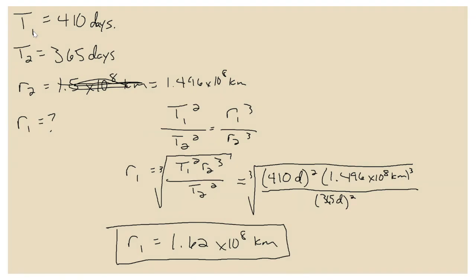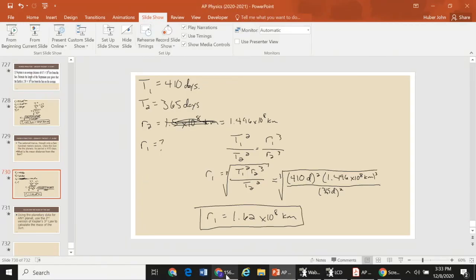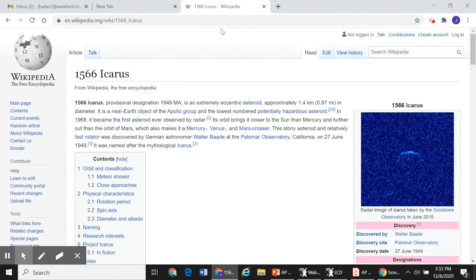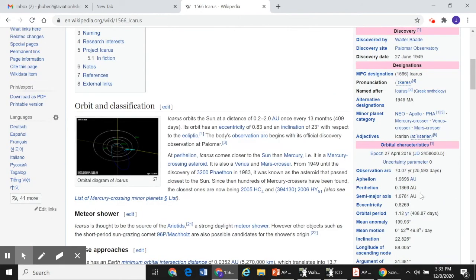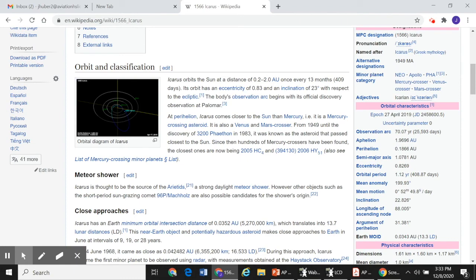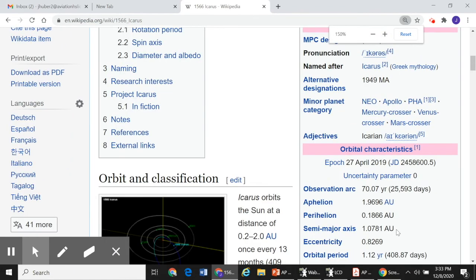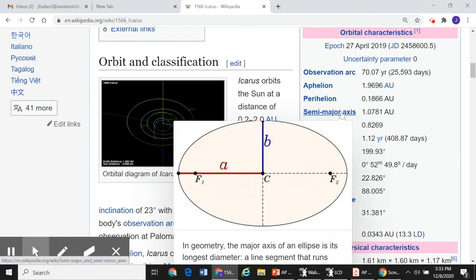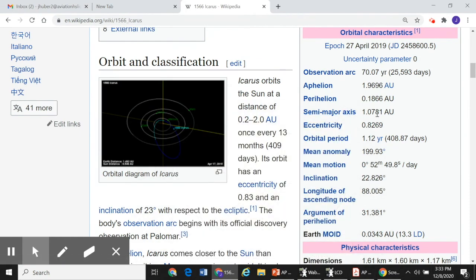And so if we were to Google that, just to make sure it's right, it's hard to find on the internet, actually. You have to find it on Wikipedia. And if you look at Wikipedia, notice, in order to be able to figure this out, you actually have to know some stuff. Because notice, it does not say mean distance to the sun. What it does say, though, is the semi-major axis. What you should know, as we mentioned yesterday, is that the semi-major axis length is the mean distance from the sun.